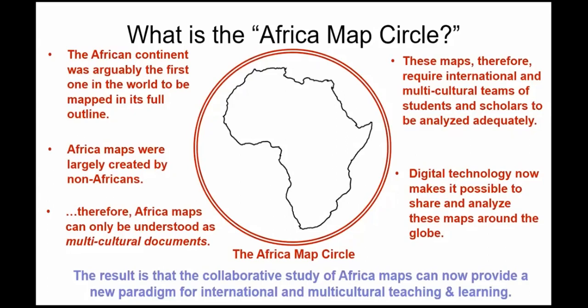The study of Chinese maps, for example, could be undertaken in the same way that we're studying maps now in the Africa Map Circle. Study of Arabic maps of Africa could be included in the same kind of scope, and with great results.